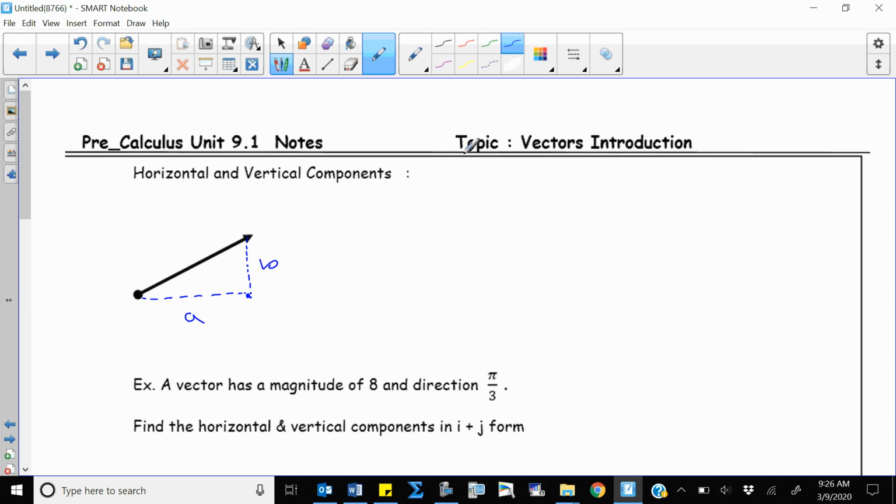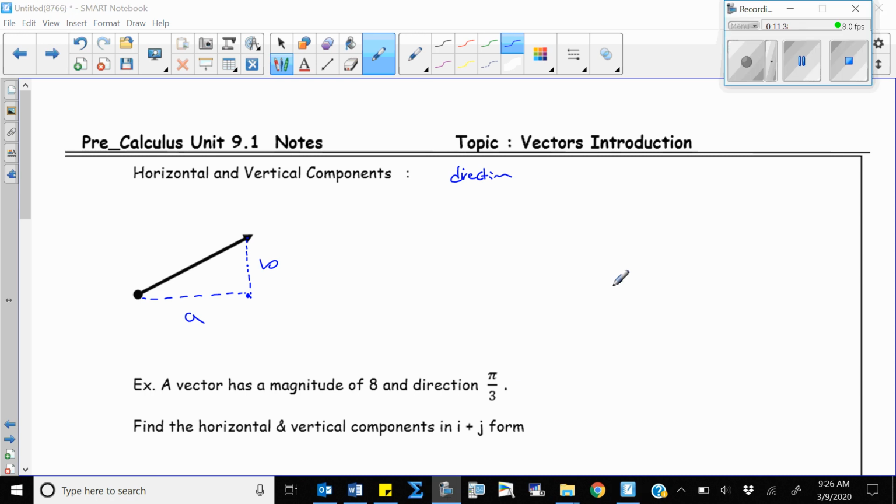Also, we know that a vector has a direction, the angle made with the positive x-axis.